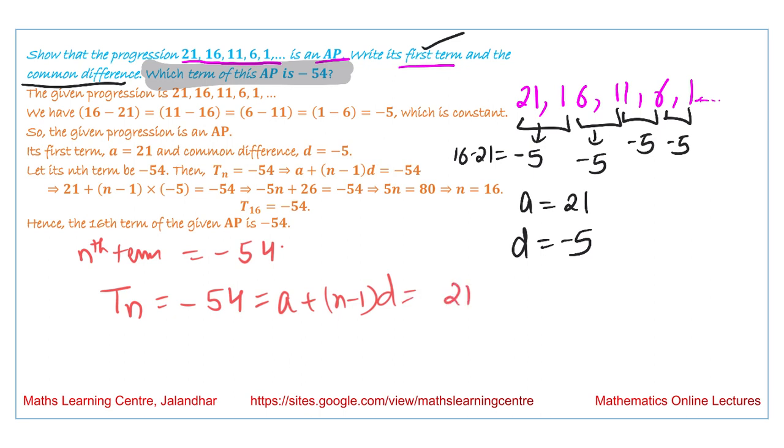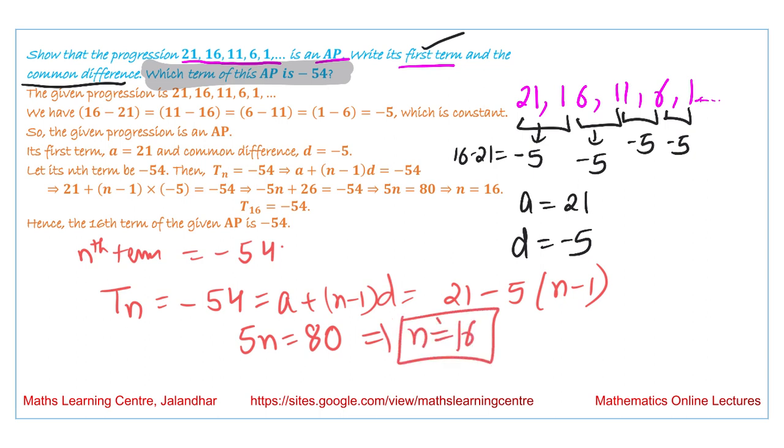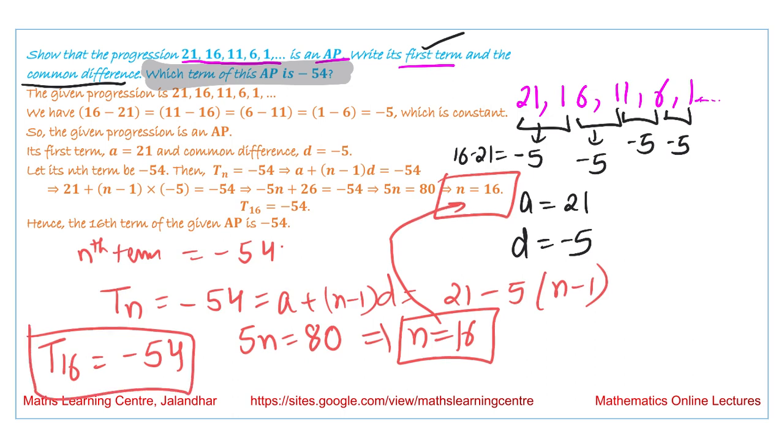So it is 21 minus 5 into (n minus 1), and this value is equal to minus 54. On solving this we obtain that 5n is equal to 80. This implies that n is equal to 16. It means the 16th term of this AP is minus 54.